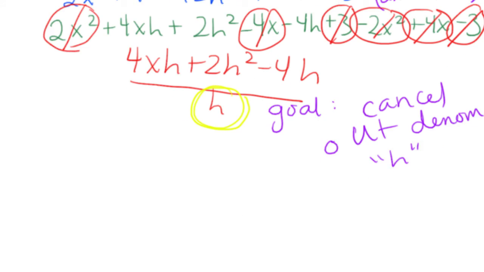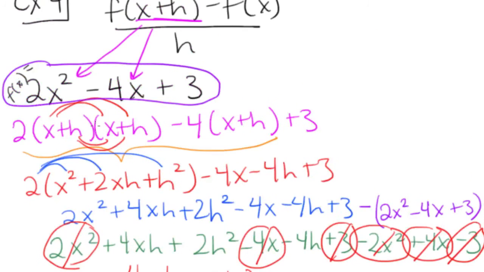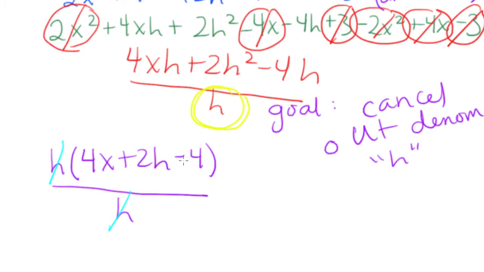So we need to factor out an h right here, so we can get h times 4x plus 2h minus 4, because we just took an h out of all of the components, all over h. And then these h's cancel out. And then our final answer, the difference quotient for this particular function, is 4x plus 2h minus 4.